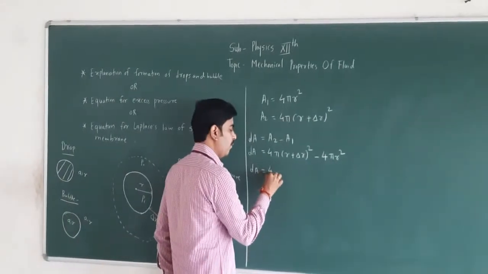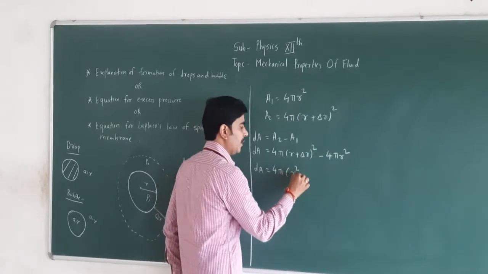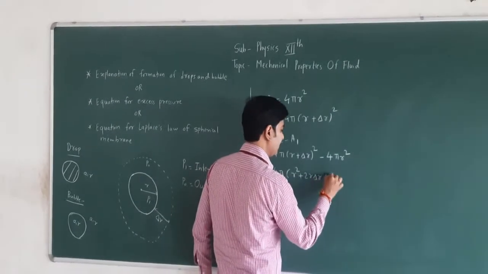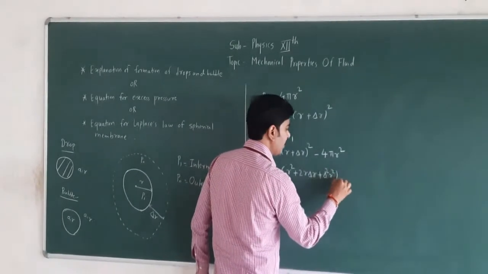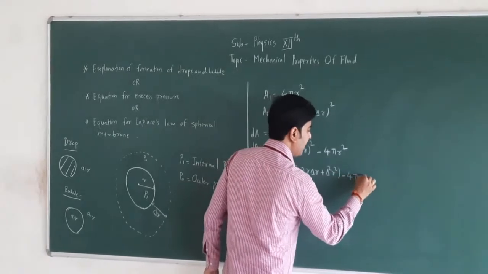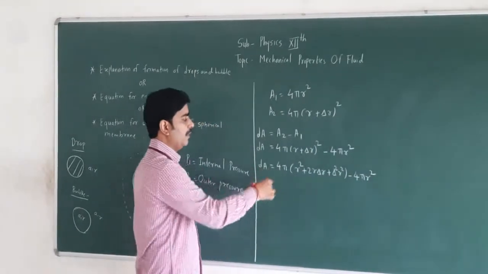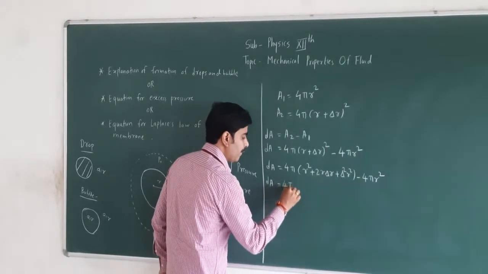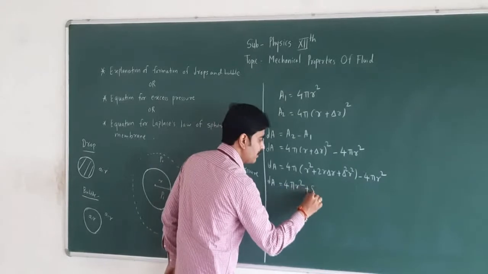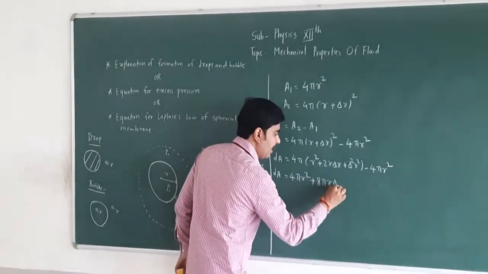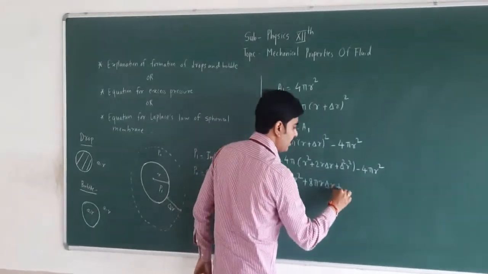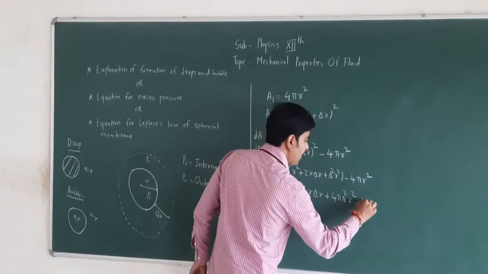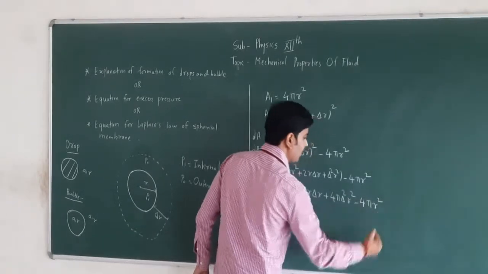So we can write 4 pi [R square plus 2R delta R plus delta R square] minus 4 pi R square. Multiplying this, we get dA is equal to 4 pi R square plus 8 pi R delta R plus 4 pi delta R square minus 4 pi R square.